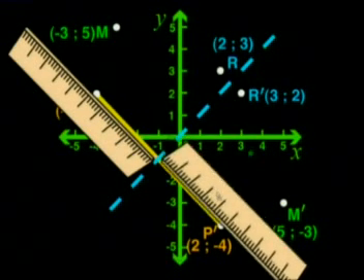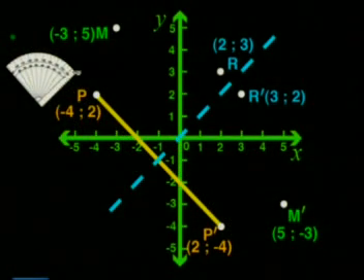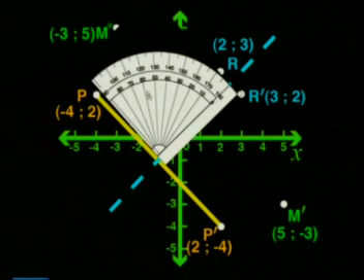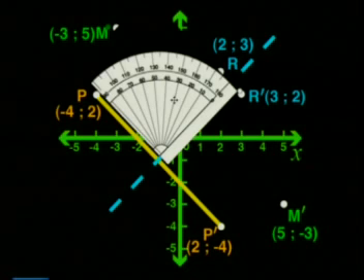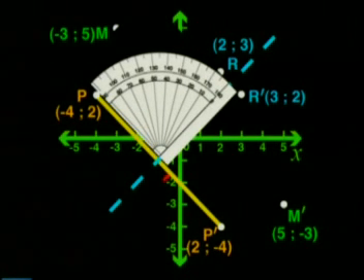So these distances are equal. Now, measuring the angle between the line P P prime and the line y equals x, it is 90 degrees. So the line P P prime is perpendicular to the line y equals x.